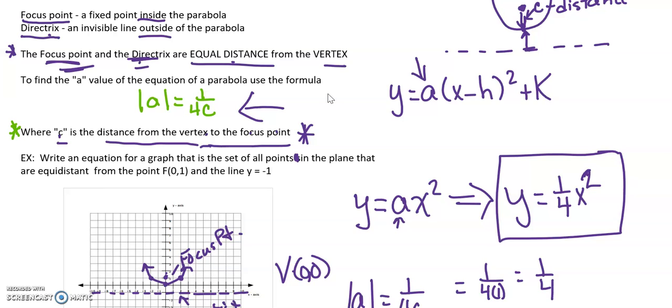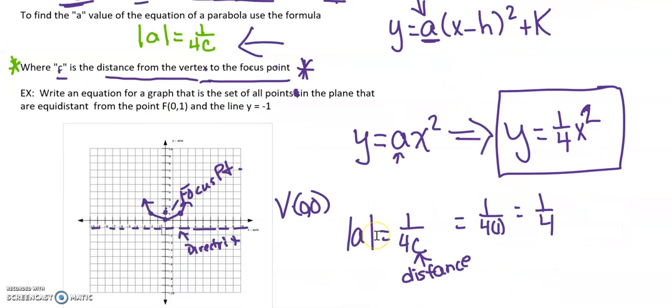The focus point and directrix are equal distance from the vertex. That's important. And when we go to find the A term in our equation, we're going to use the absolute value of A equals 1 over 4C, and C is the distance from the focus point to the vertex. All right, so let's just see if we can do another one.